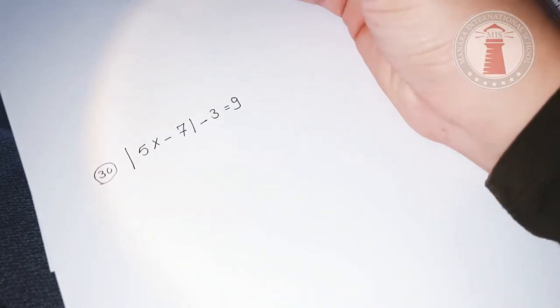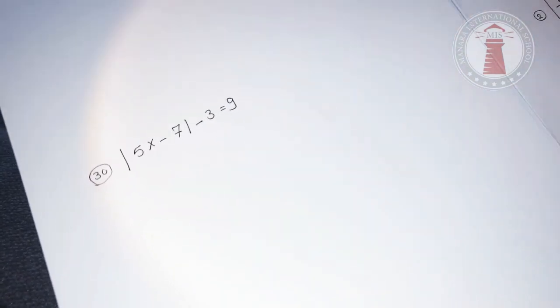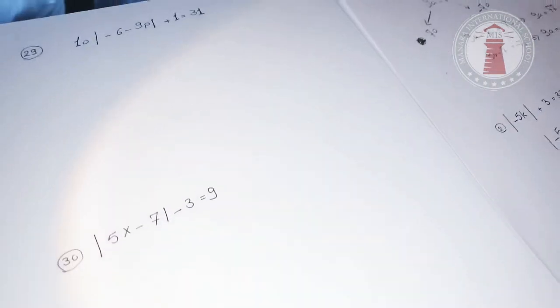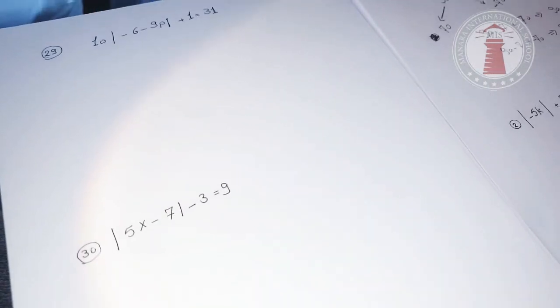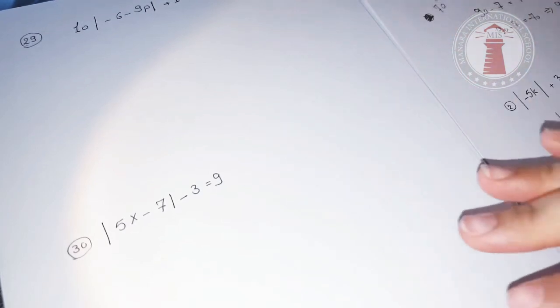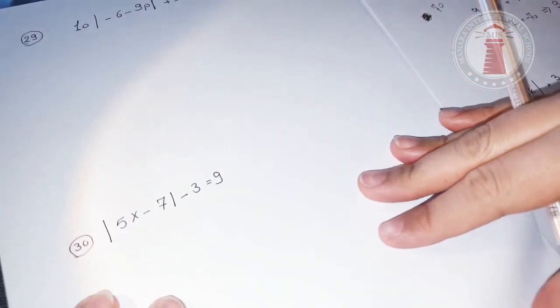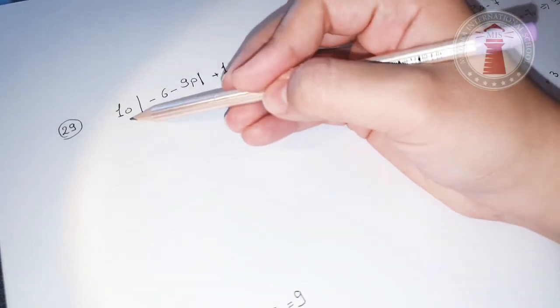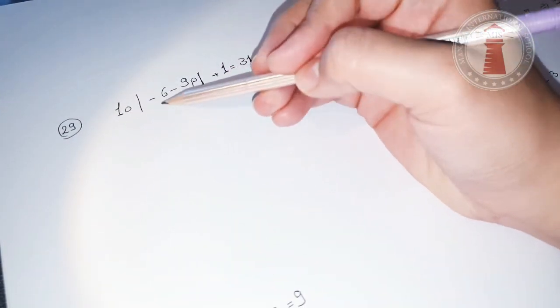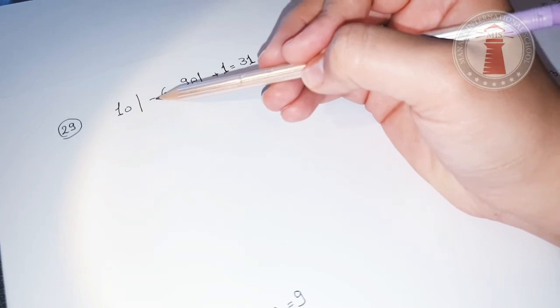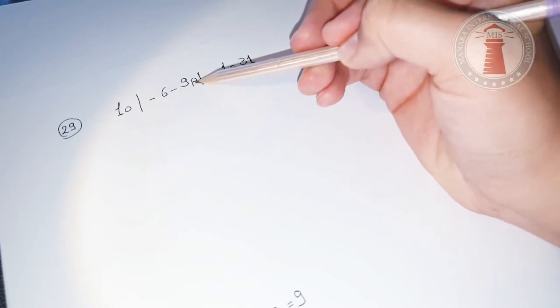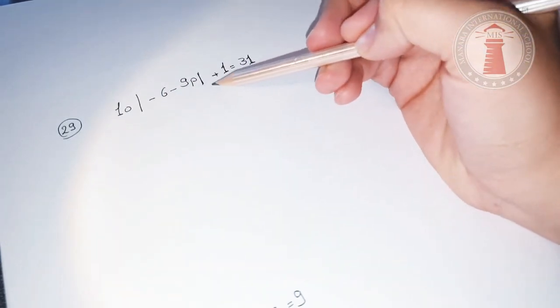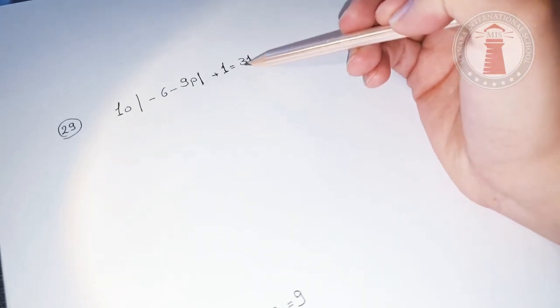Let's start with this, just putting the camera up. Okay, the first one is 10, that's a factor, multiplied by the absolute value of minus 6 minus 9p, plus 1 equals 31.